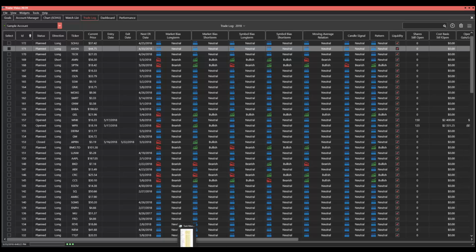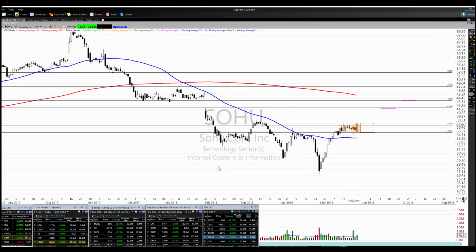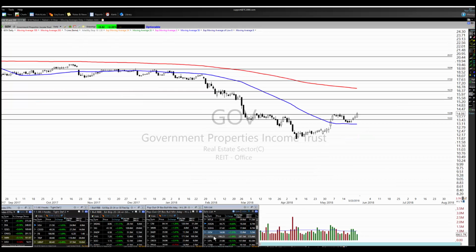I see you typing, but I'll go back to the chart while I wait for you to finish typing. GOV is breaking out of a J hook or a scoop, depends how you want to call it. Doesn't really matter. It's a nice consolidation area. It went back down and retested the 50 and then popped up and is breaking out here.